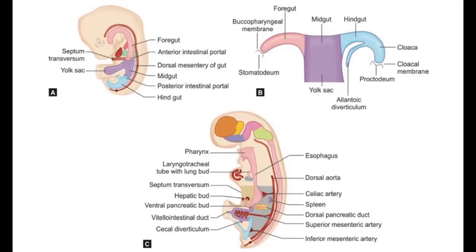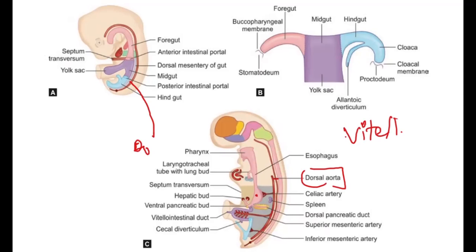Okay. So this is the very primitive age, right? So what happens at this primitive age is this abdominal aorta. At first, the midgut is supplied by very numerous vitelline arteries.